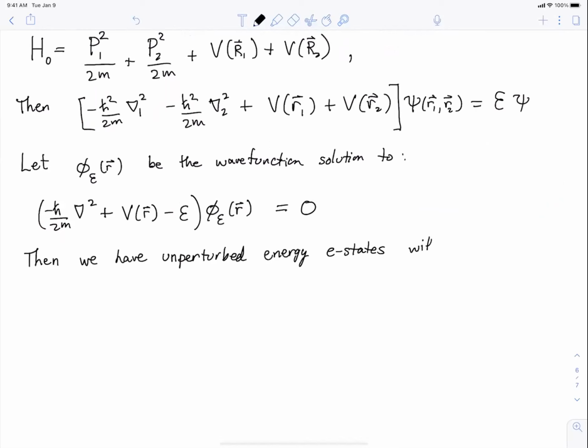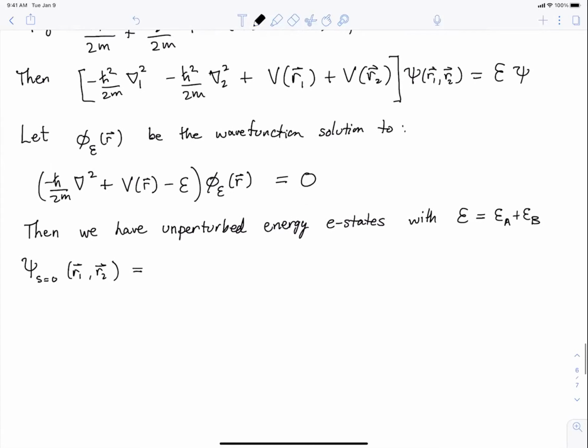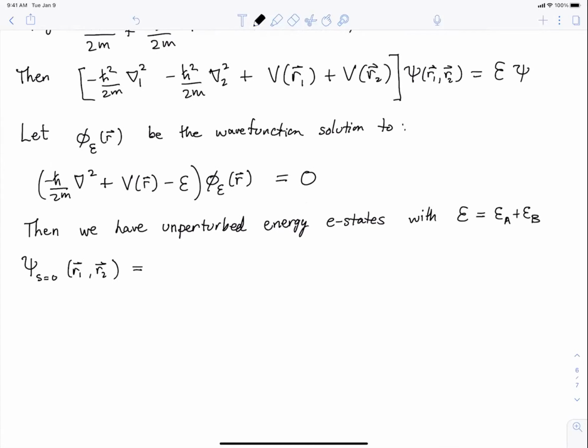And their energies are just going to be the sum of, let me call them A and B. I choose any two solutions, and I'm going to have a wave function, for example, for spin 0, which I get by symmetrizing my two individual one particle wave functions. So I'm going to put a 1 over square root of 2.